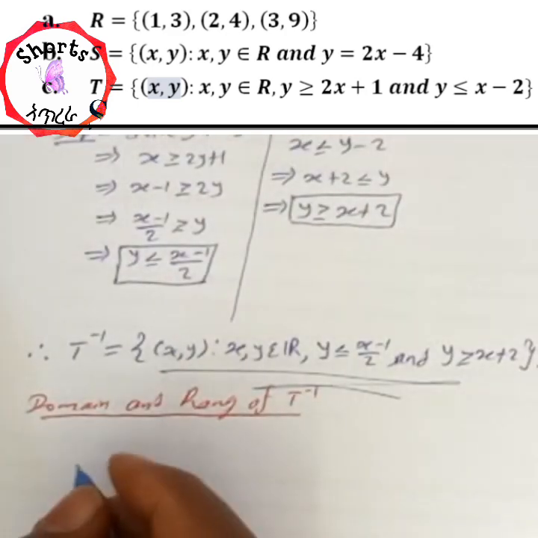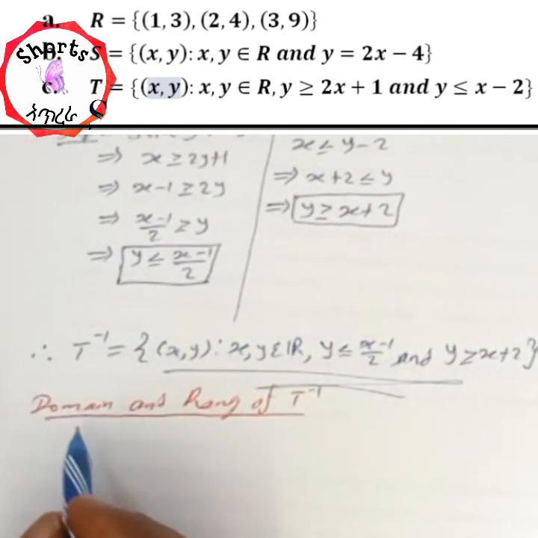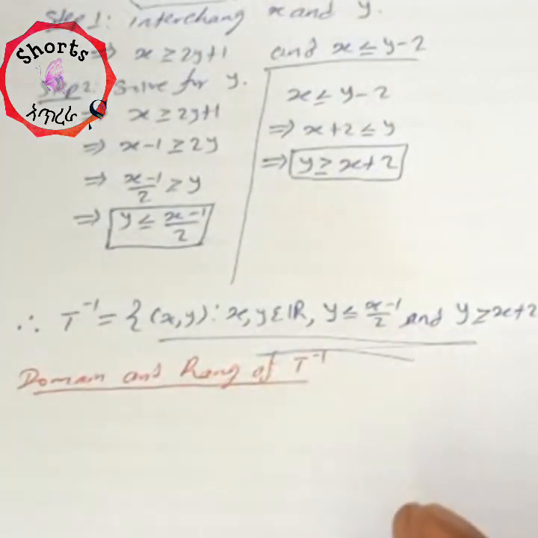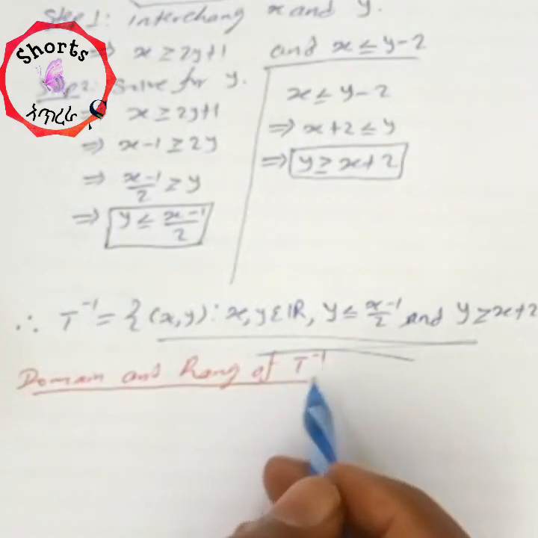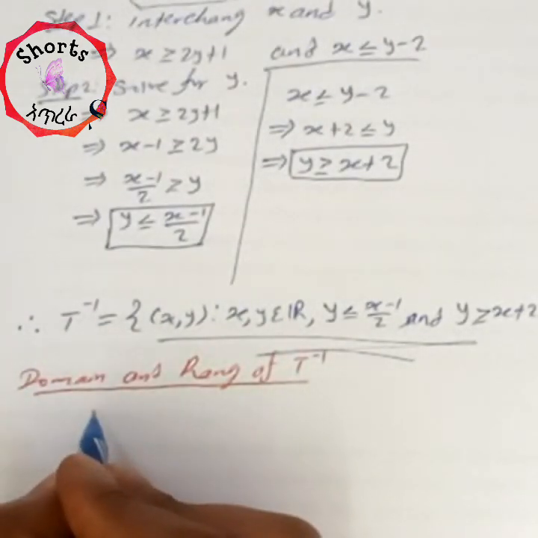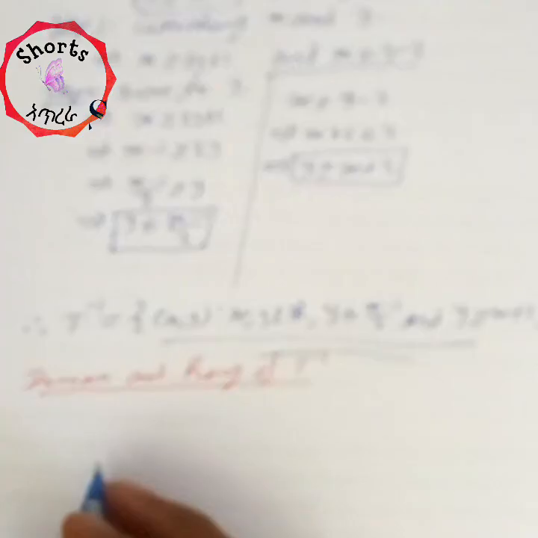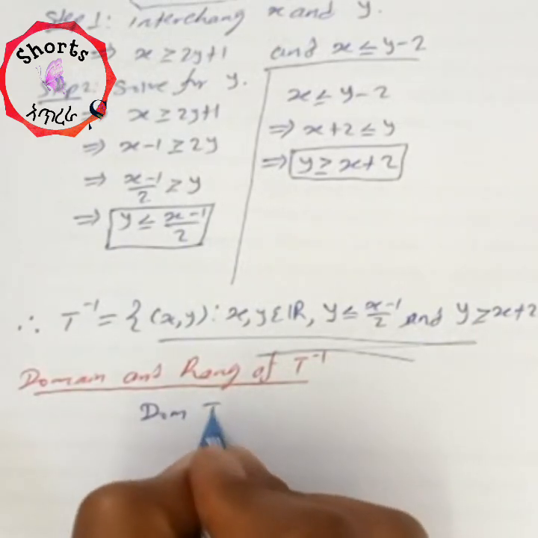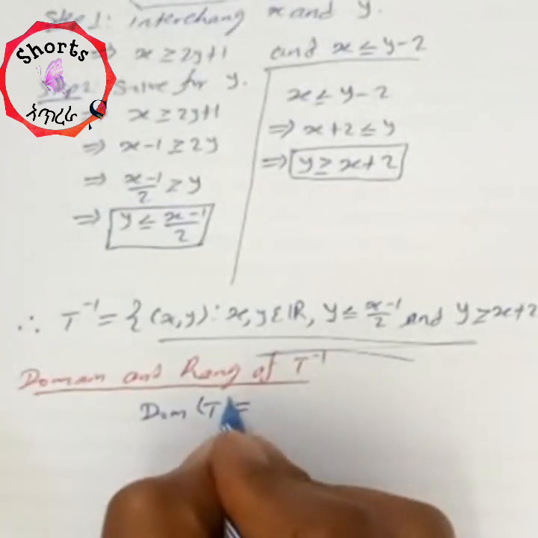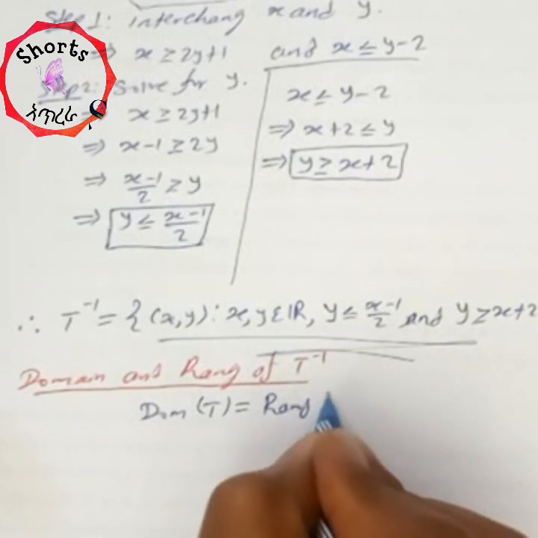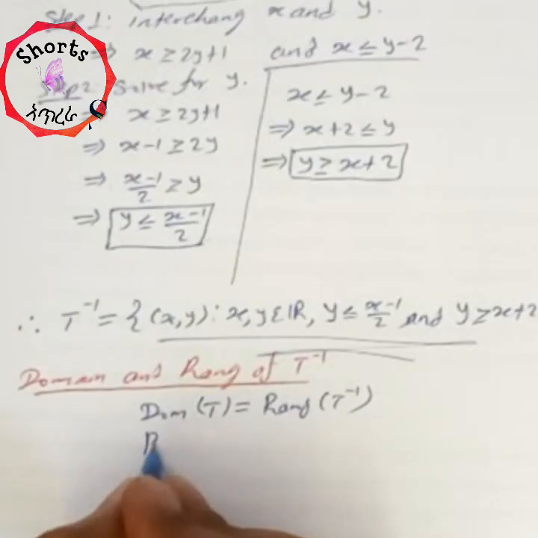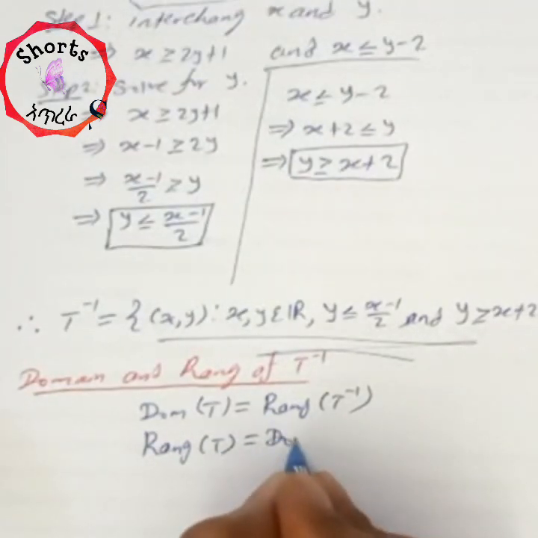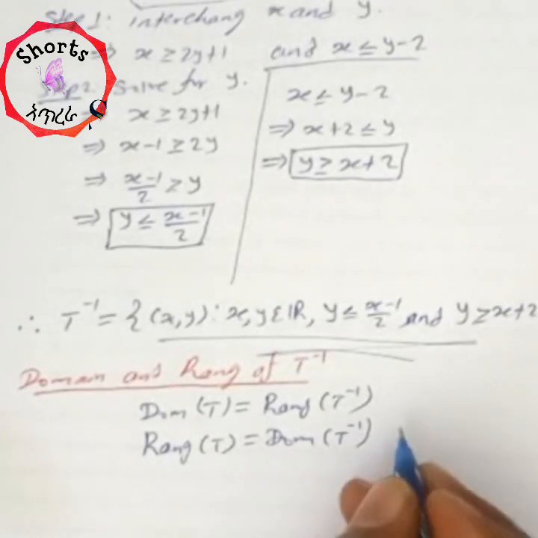Well, the second thing we are going to determine is the domain and range of T inverse. To determine the domain and range of the inverse, we can recall the property relating a relation and its inverse: the domain of T is the same as the range of T inverse, and the range of T is equal to the domain of T inverse.